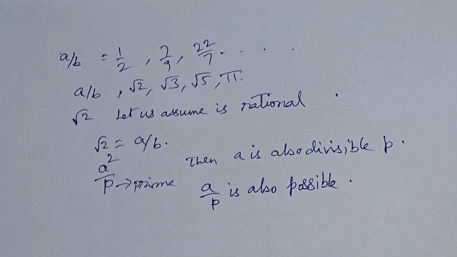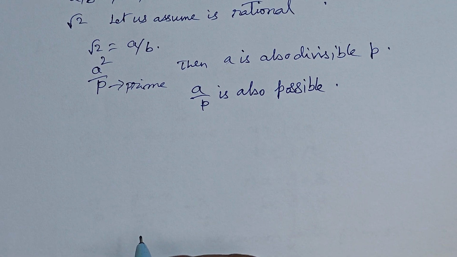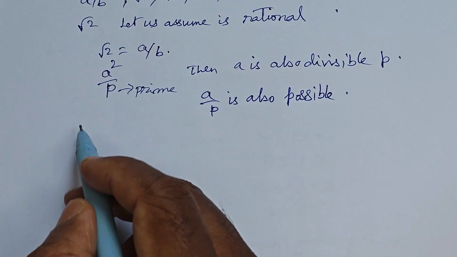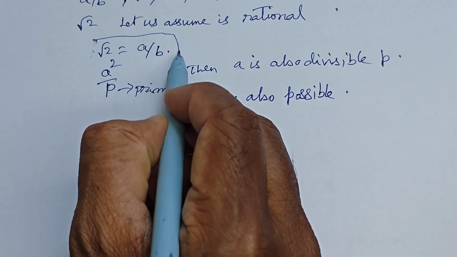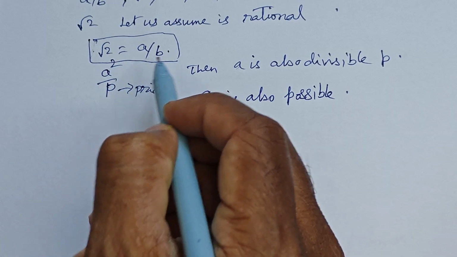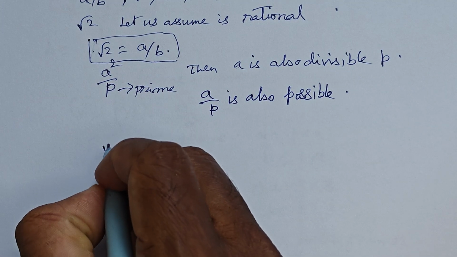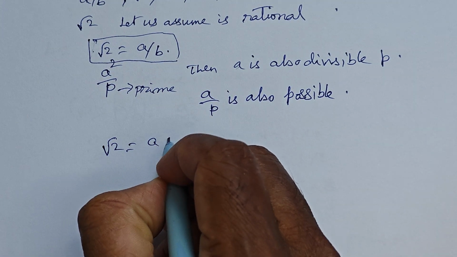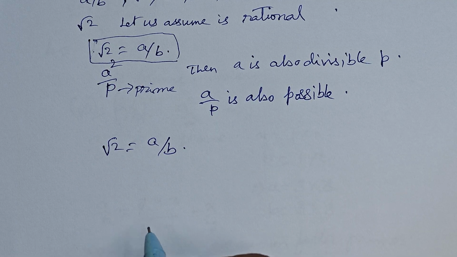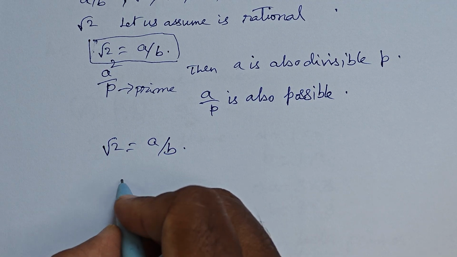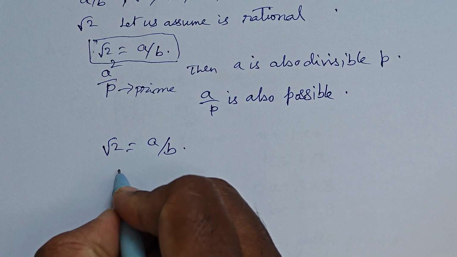To prove whether root 2 is rational or irrational, as we said previously, we will assume root 2 is a rational number. Why a by b? Because we said any rational number can be represented in the format a by b.